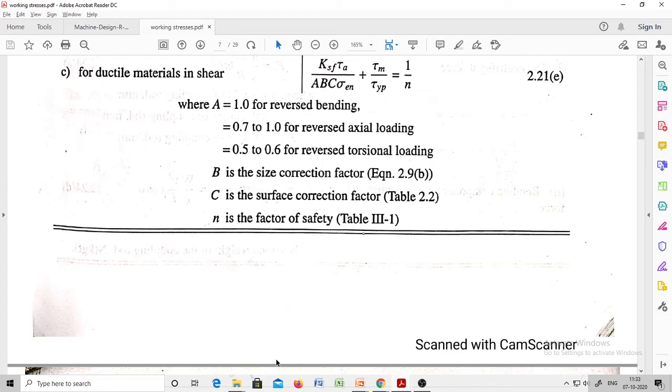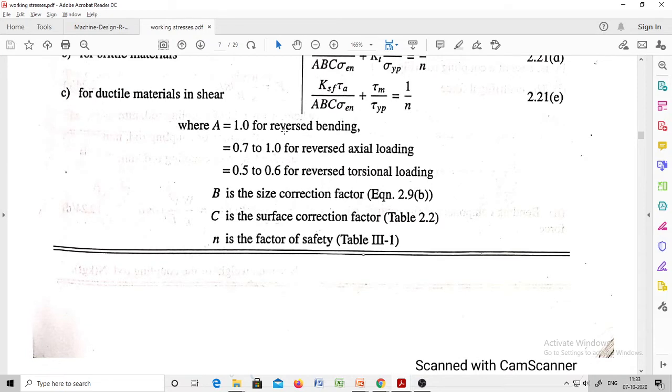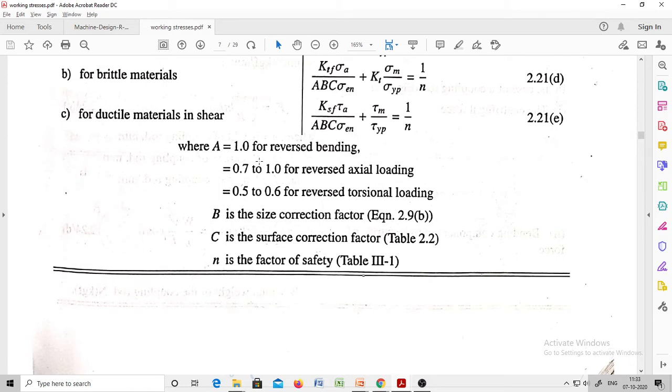A is equal to 1 if it is subjected to bending load or bending stress, whether fluctuating or reversed. If it is subjected to reversed axial loading, that is, a combination of tensile and compressive load, you can select A in the range of 0.7 to 1.